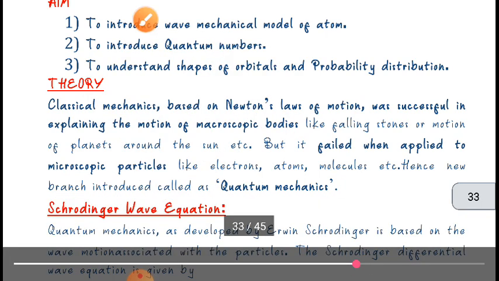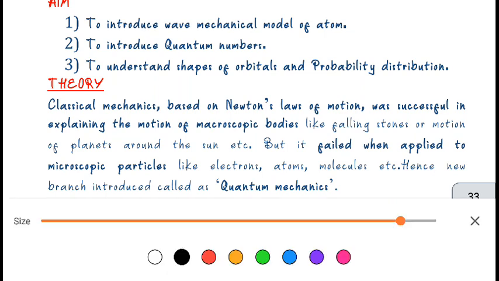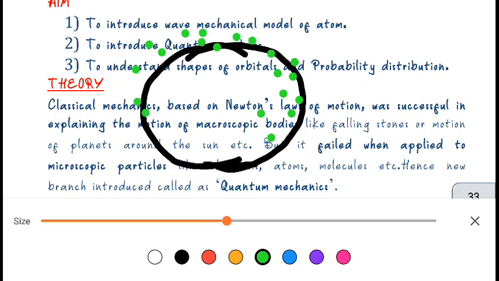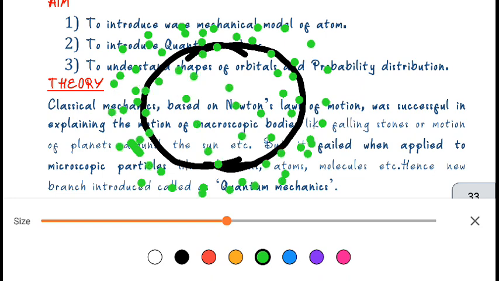Once again I will make you understand like this. Suppose this is an orbital, and where this dotted region has more dots, there you can say the probability of finding an electron is maximum.